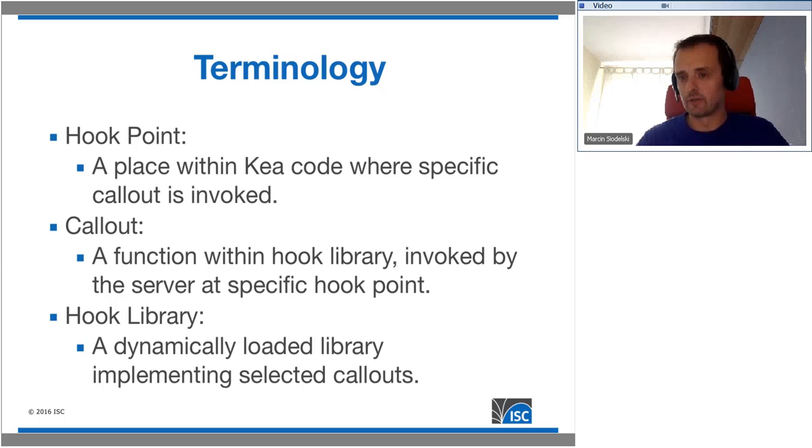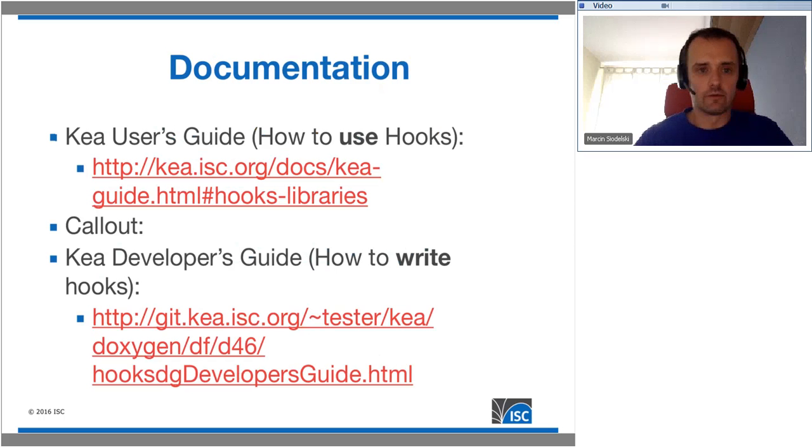So you'll be implementing callouts if you're implementing a hook library. And the hook library obviously is a collection of callouts. Having done with the terminology, let's proceed to the documentation.